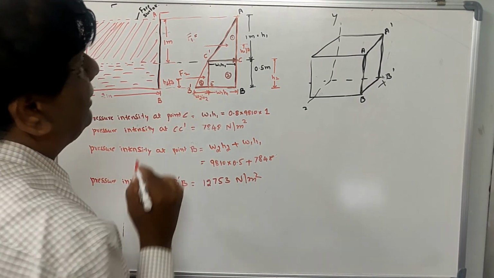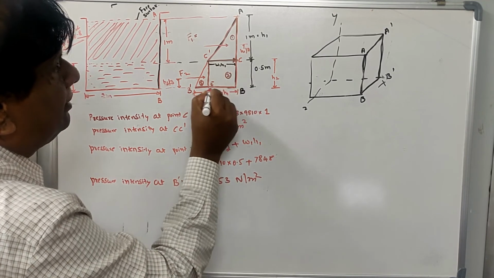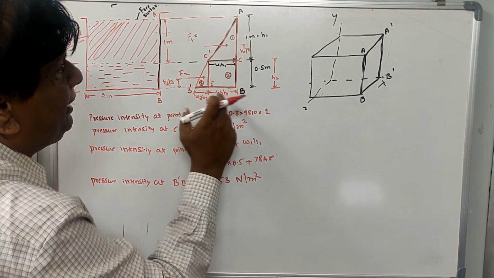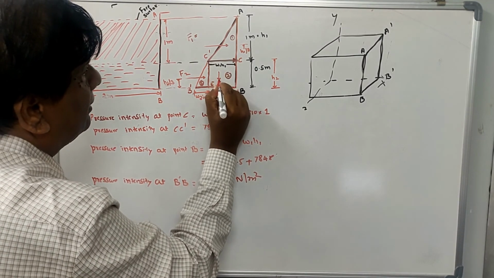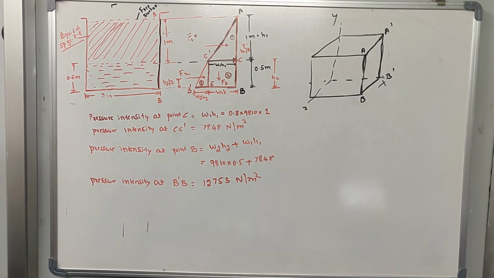And on this rectangular portion C dash CBE, that is F3. Now we will calculate F1, F2, F3.